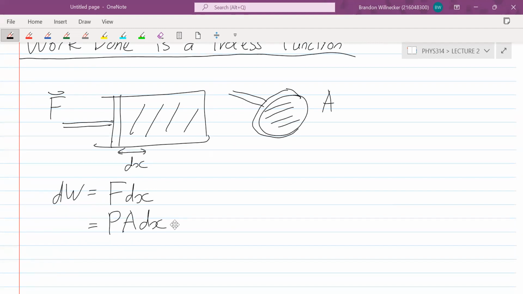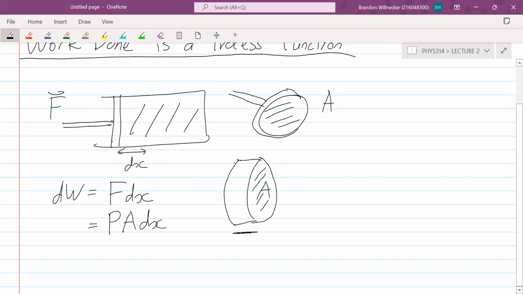Now, what is the area times dx? Looking at the side here, if we move an amount dx and the area is A, you're going to get something like this, where this front surface here is A, and this width here is dx. So dx times A gives us the volume of this little bit here.